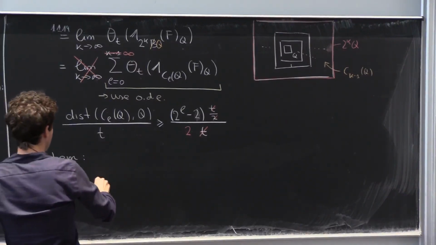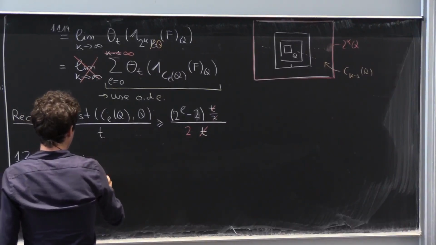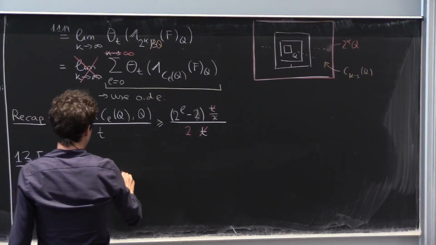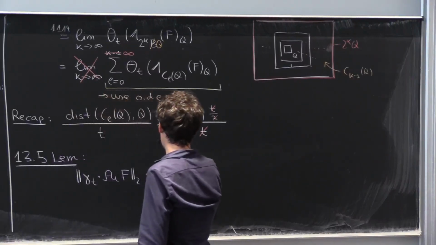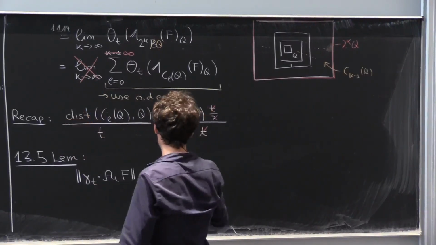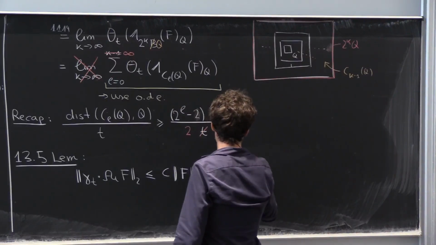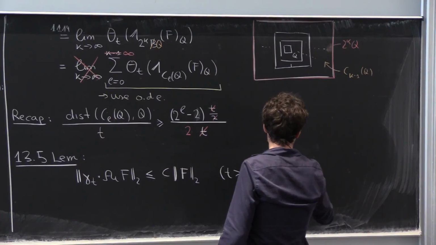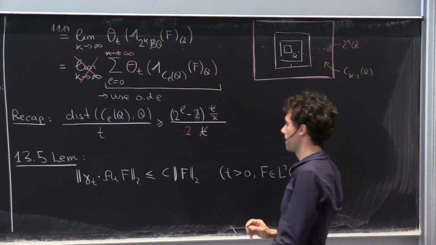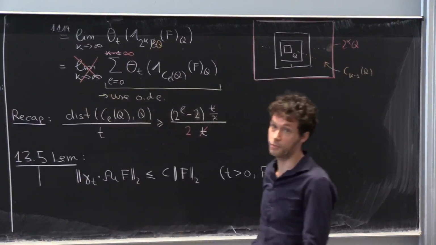And the lemma says nothing else but this. So gamma t times a t of f in L2 norm is bounded by one of these allowable constants times f in L2 norm, and this works whenever t is positive, and f is in L2 of R^n to the n. Okay, so the potential approximants are uniformly bounded.